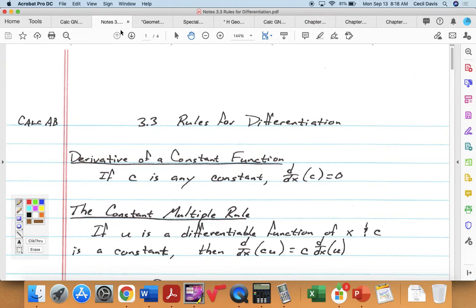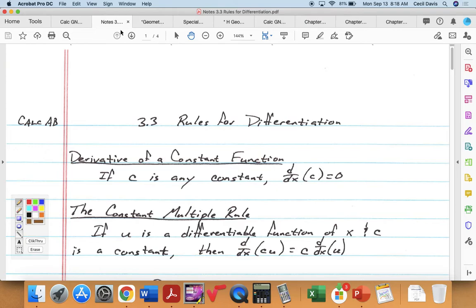Let me look. It will be non-calculated. Again? Oh, it has two parts. Oh. It has a calculator part and a non-calculator part.